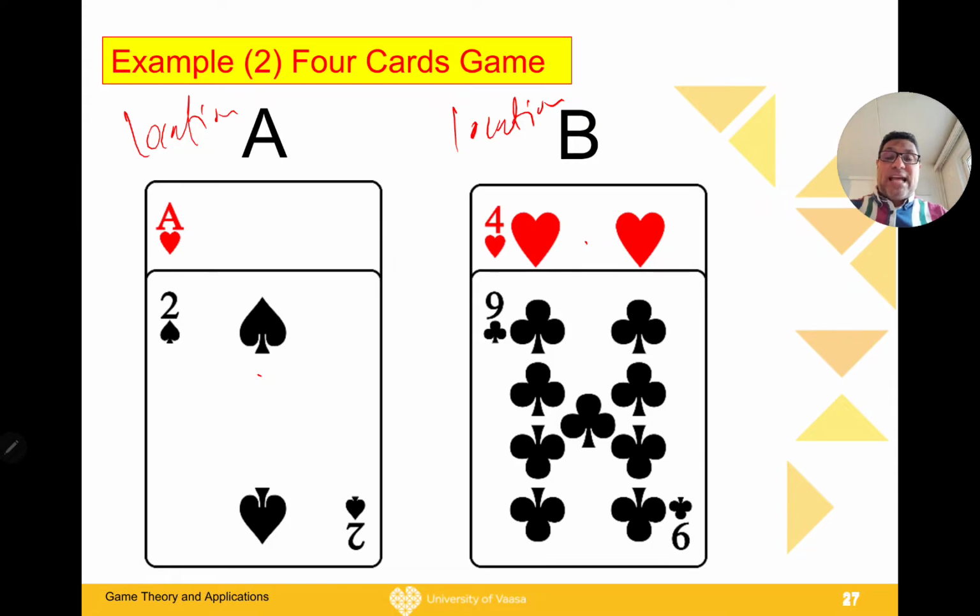The game is like that. Assume that A always starts. When A starts, they have the right first to select A or B. So player 1 selects location A or B, and then they have the right to draw one or two cards.